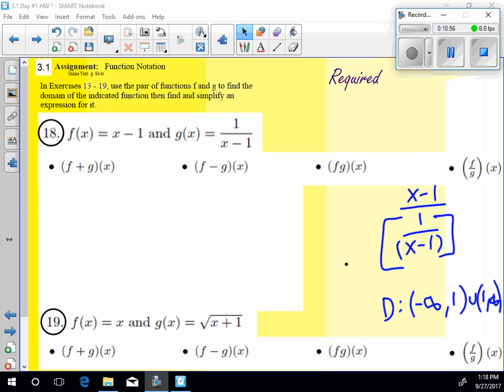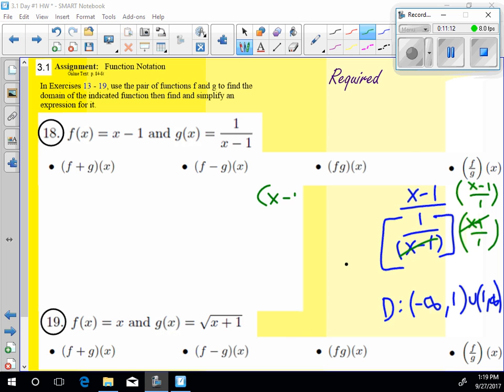So in actuality, right here, I'm going to multiply top and bottom times x minus 1 over 1. Right, I'm going to get rid of the denominator. So if I multiply by x minus 1 over 1, this goes away. So the denominator is just 1. And on top, I get this thing. You can FOIL that out if you want to. There will be a child on the test that does this.